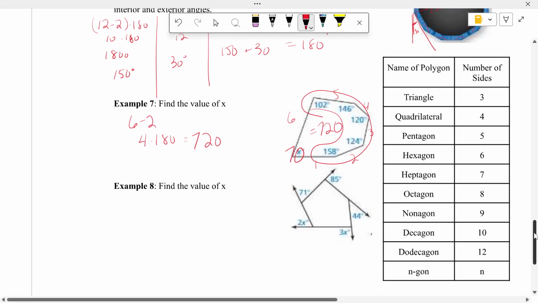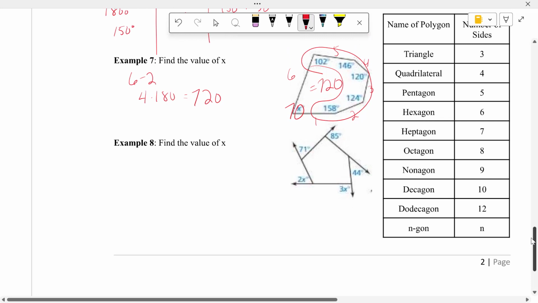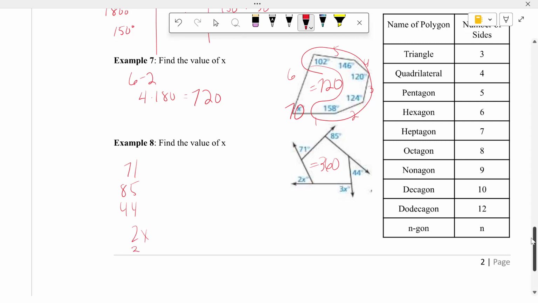So this last one, we've got all exterior angles, so we know they should total 360. I'm going to take away what I know: 71, 85, 44. I've got 2x and 3x as my variables. So the total is 360. I'll write it out. 2x plus 3x plus 71 plus 85 plus 44 should equal 360.